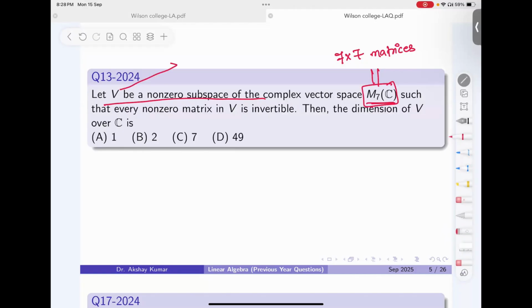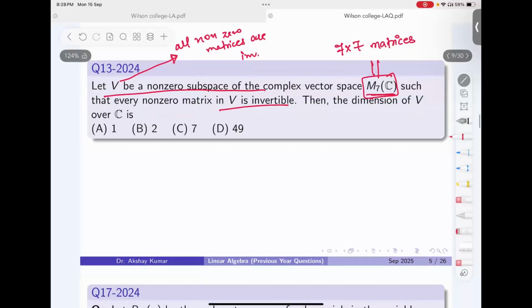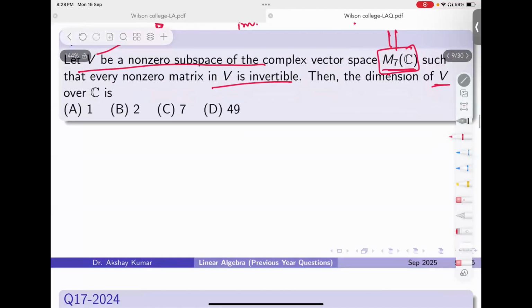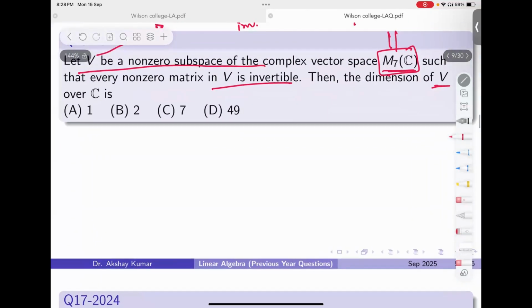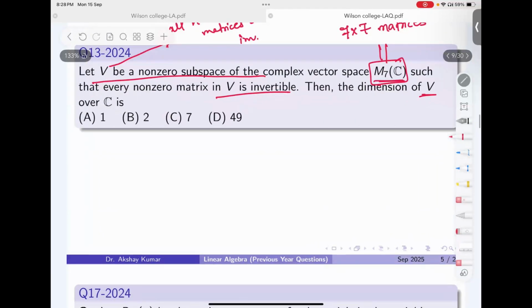The subspace is such that all non-zero matrices of V are invertible. So what is the dimension of V? It is not straightforward actually.